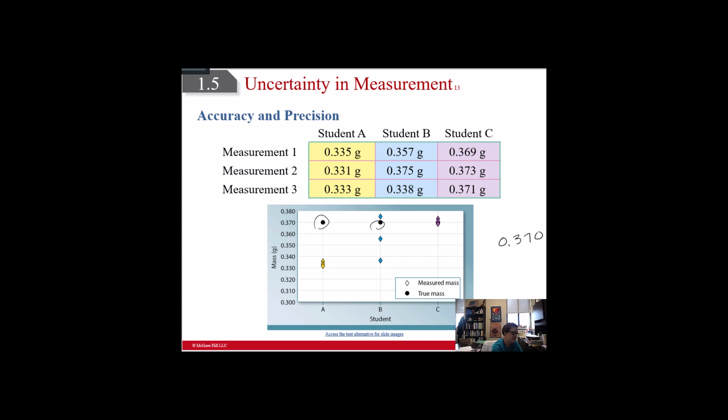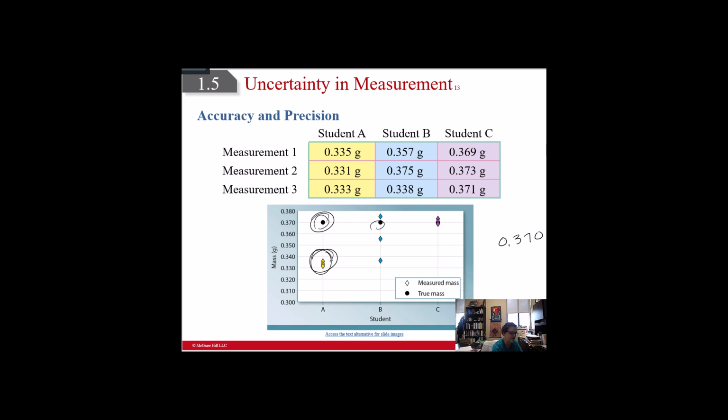Now, in this first one, we got 0.335, 0.331, 0.333, all close together, but not really close to 0.370. So they were precise because they were all together, but they were not accurate because they were not close to the true value.